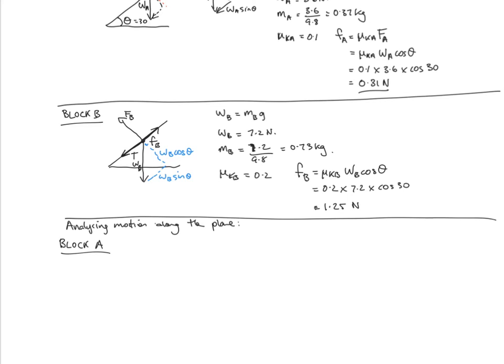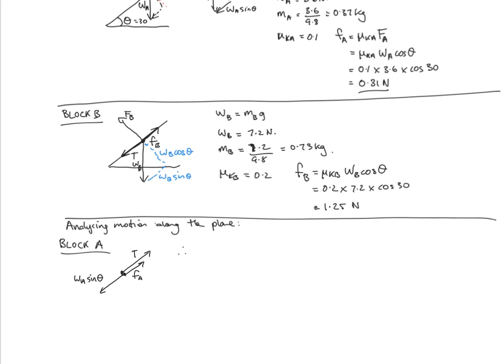We're going to have tension acting back this way. We've also got our friction A acting back that way, and we have WA sine theta. Okay, that's all the forces along that direction acting downwards.